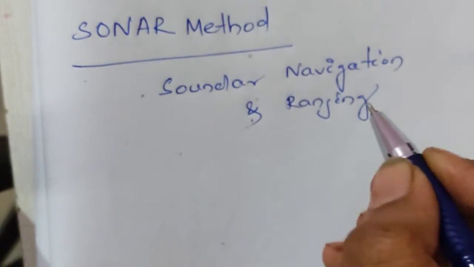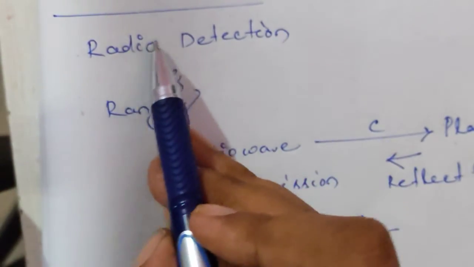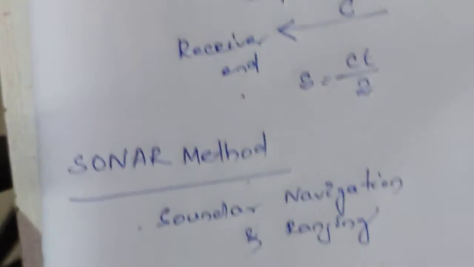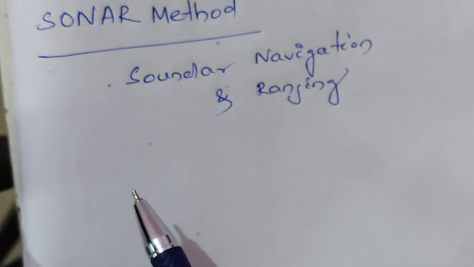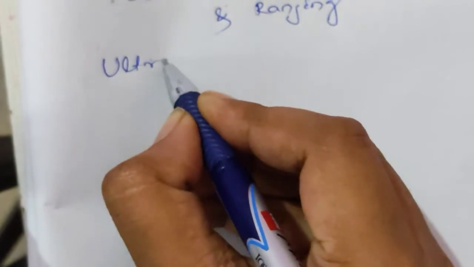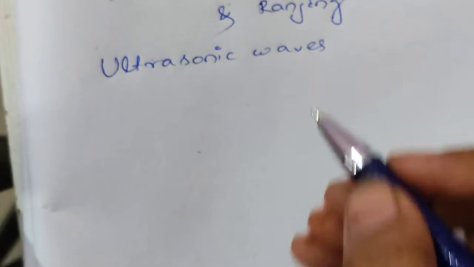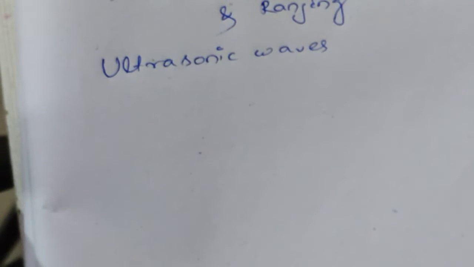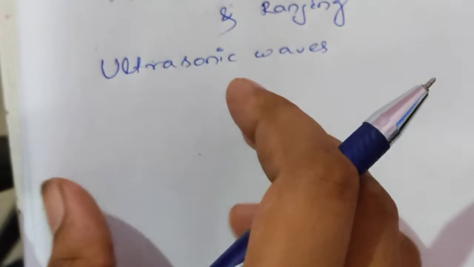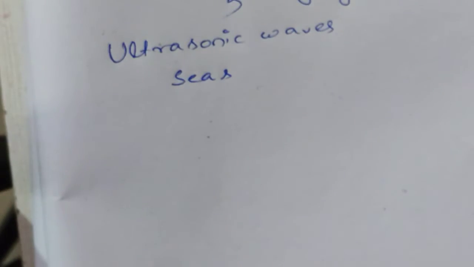Now in the radar method we use radio waves, and similarly in the sonar method we use sound waves, basically ultrasonic waves. Ultrasonic waves means sound waves which have very high frequency, and this type of sound wave is transmitted through the sea.